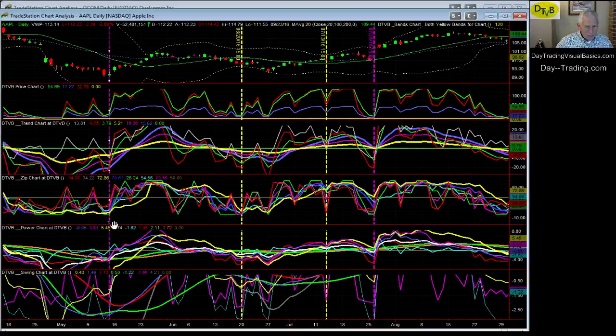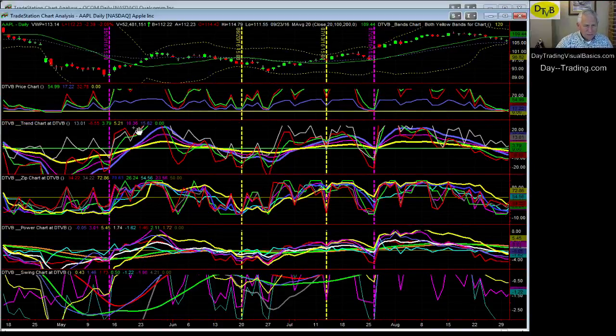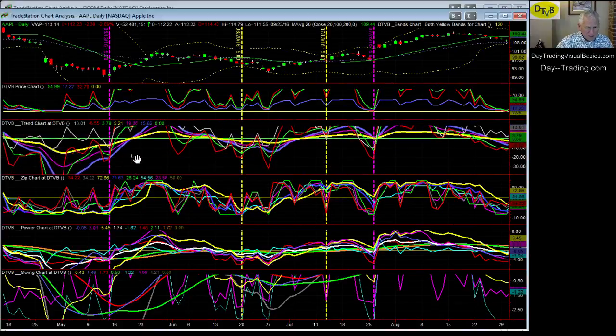Over here on the pink line on the left, I haven't talked much about the price chart, but all three of those are in a low angle up. The trend red is in a low angle up, and green, of course, is in a low angle down.